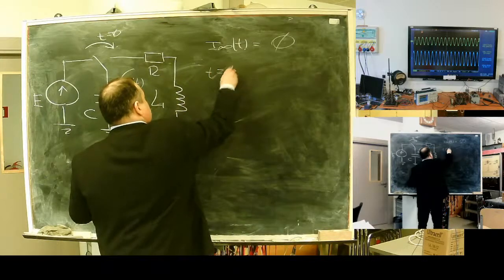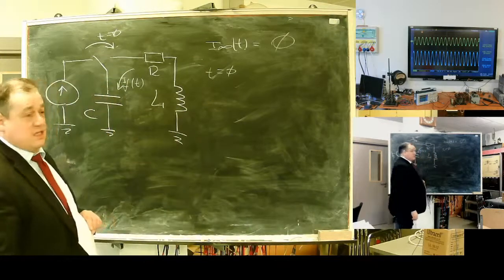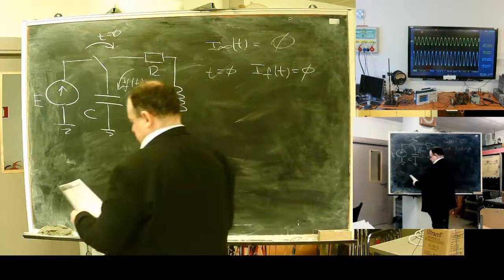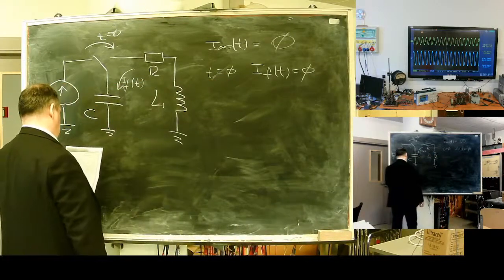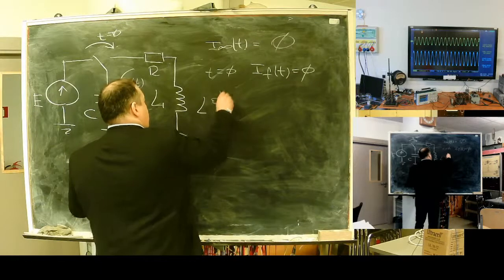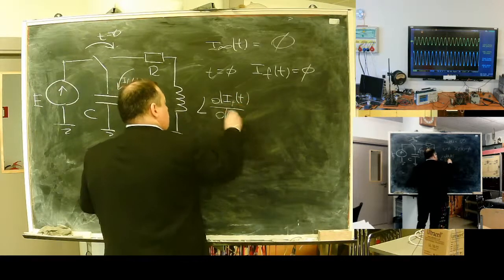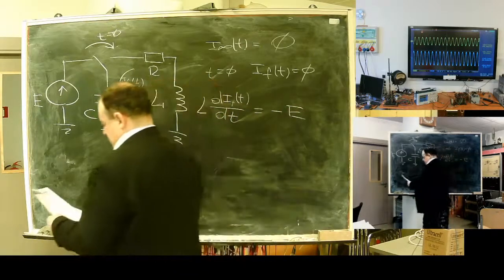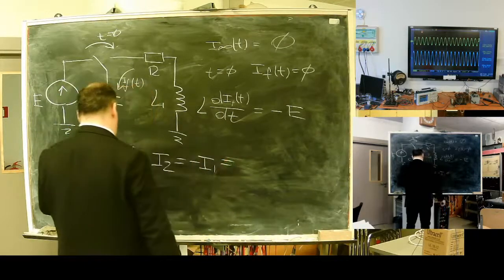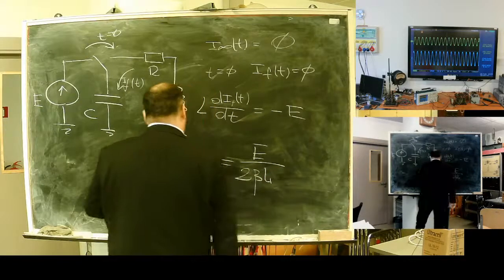Since at time 0 the coil current cannot be changed instantly, it is 0, and A equals minus E. So I1 equals I2 and equals E divided by double beta A.